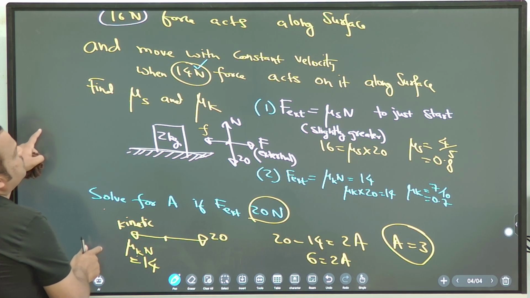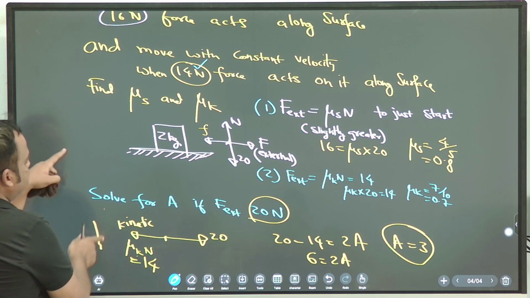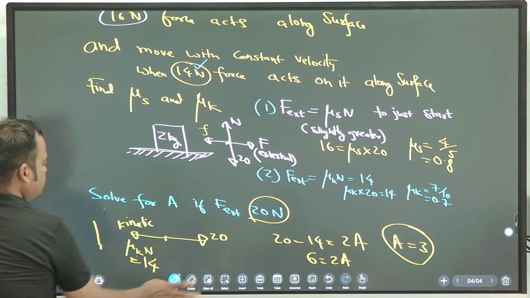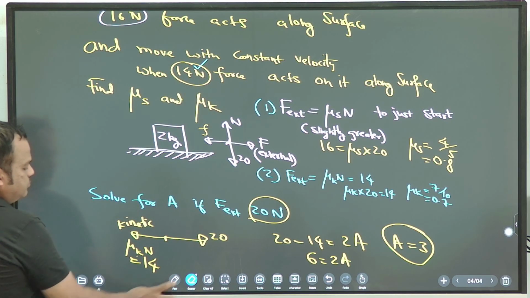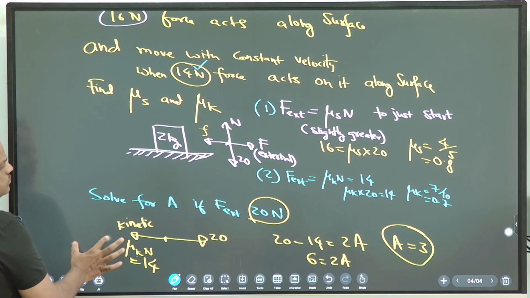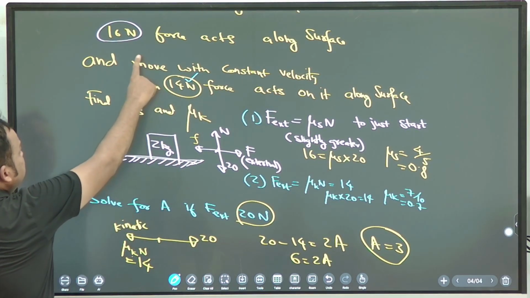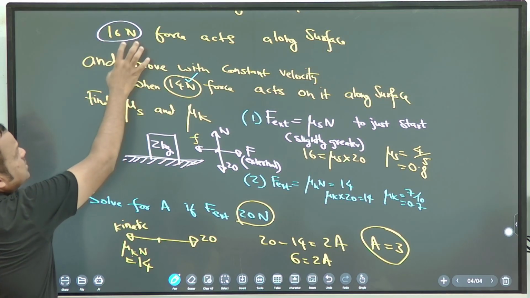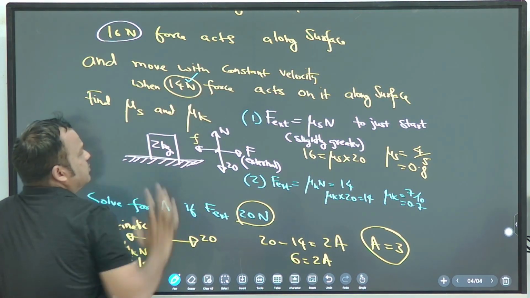So you observe this question carefully. It is a very good question. Just to start, 16; to move with constant velocity, 14.